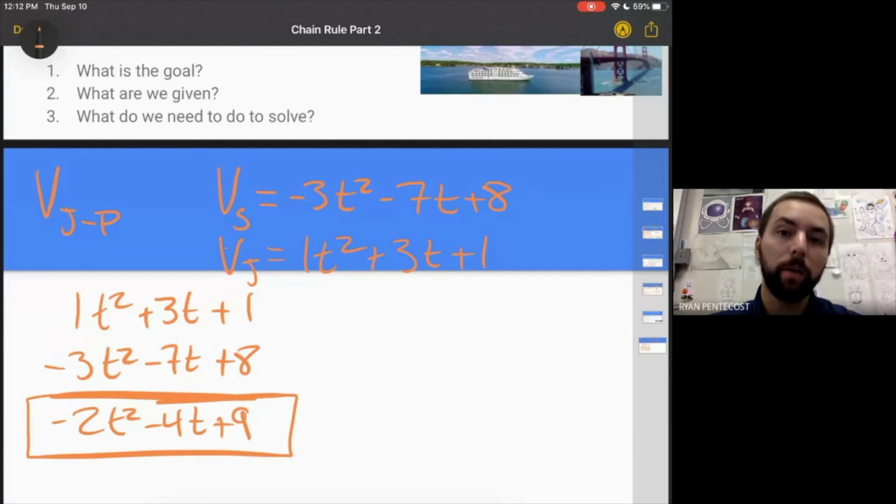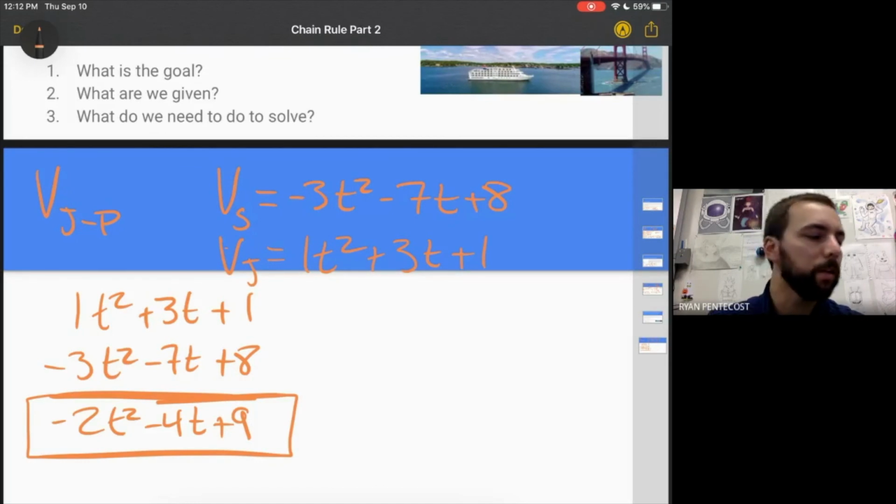If he was not on the boat, we would just use his function, right? That's how fast he's running relative to the pier. But the ground underneath him has its own function because he's running on the ship. So we combine the like terms of the t squareds, the t's, and the constants to get that new function in meters per second.